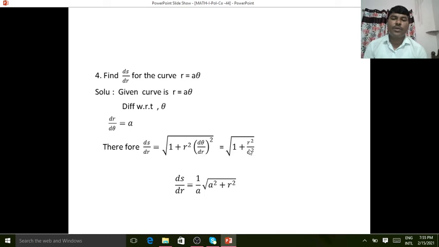So this is equal to 1 plus d theta by dr, here dr by d theta is a, so d theta by dr becomes 1 by a, so r square by a square. So this is equal to, after simplification, cross multiply a square plus r square whole divided by a square, so we take a square outside, so 1 by a square root of a square plus r square.